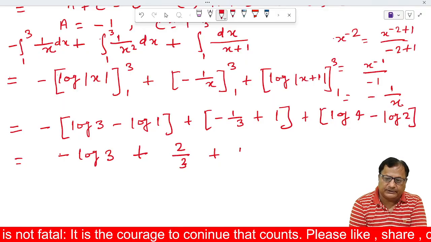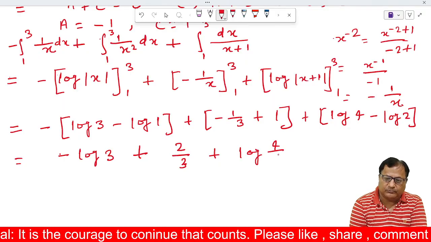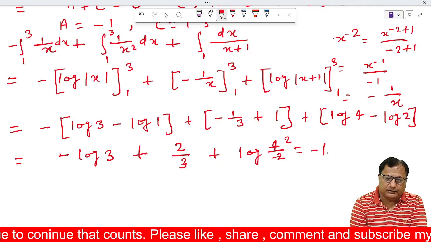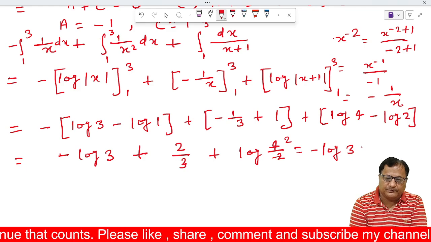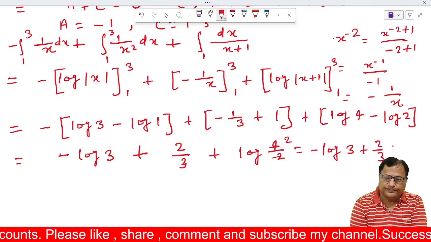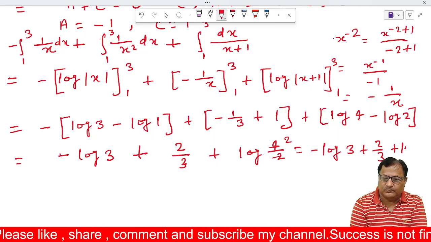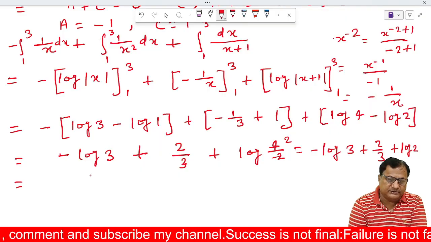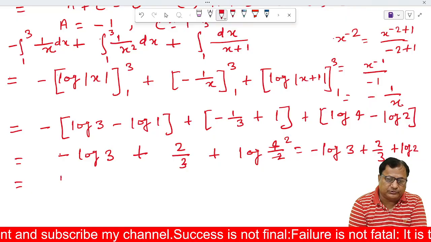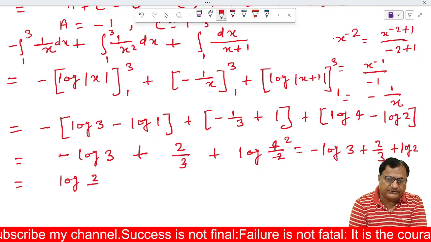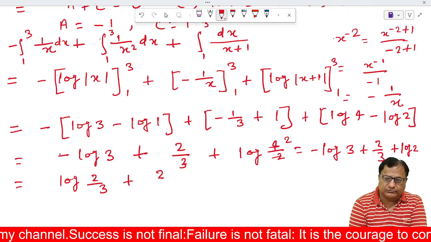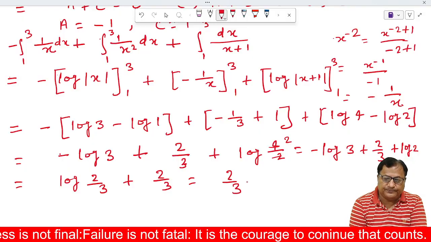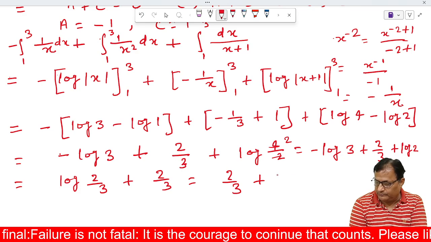So minus log 3 plus 2 by 3 plus log 2. And by log m minus log n, this will be 2 by 3 plus log 2 by 3.